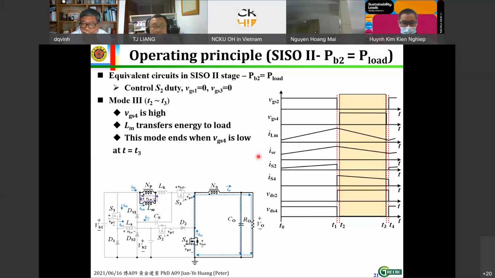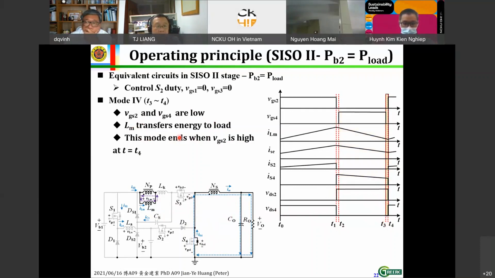This mode ends when VGS4 is low at T equal to T3. And when VGS3 and VGS4 are low, LM continues to release energy to load through the coupled inductor. This mode ends when VGS2 is high at T equal to T4.